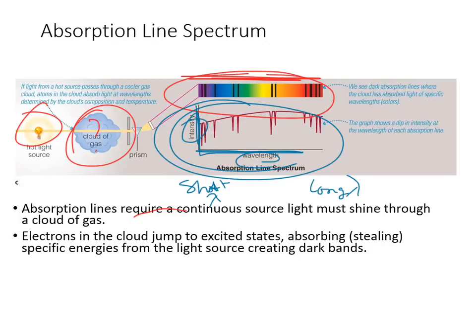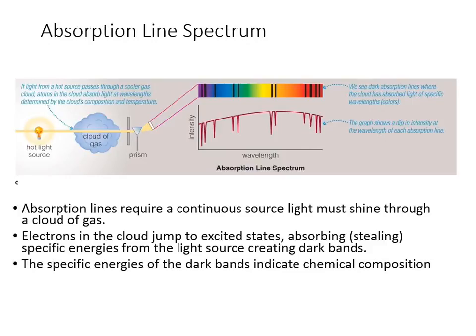And then here is intensity. So basically you have dips where those dark lines are. I think that's kind of cool. They're both saying the same thing. So those lines, the wavelengths where energy was sucked out, are an indication of what's in that cloud.